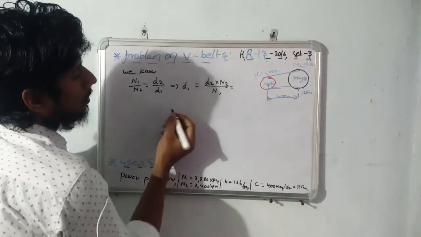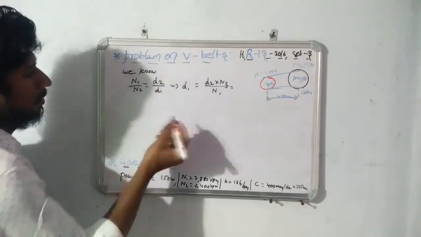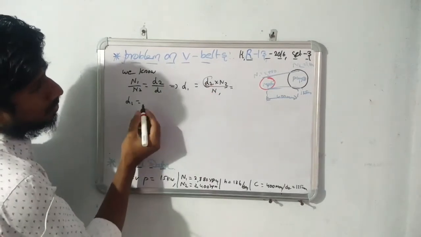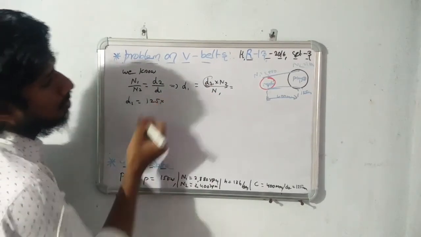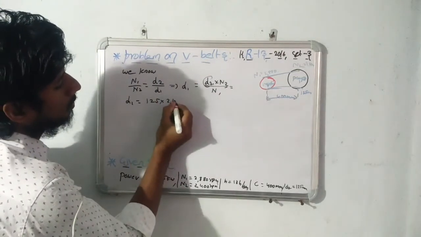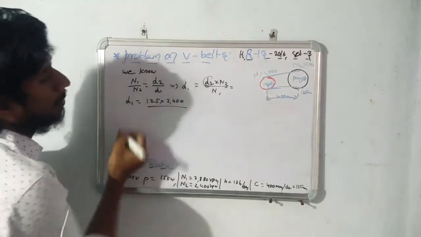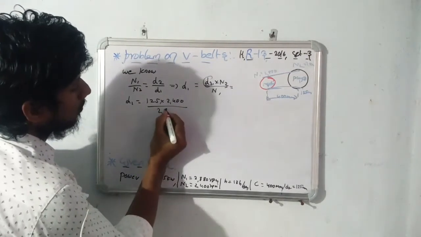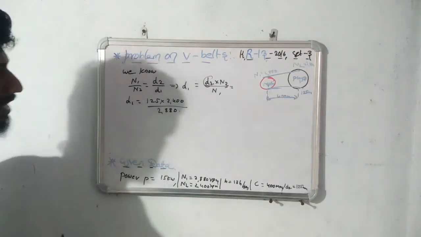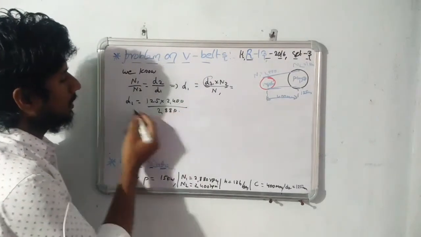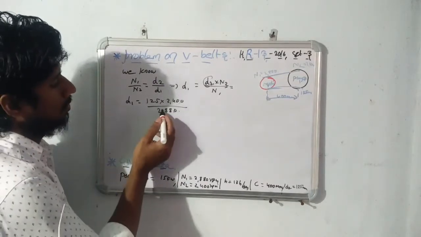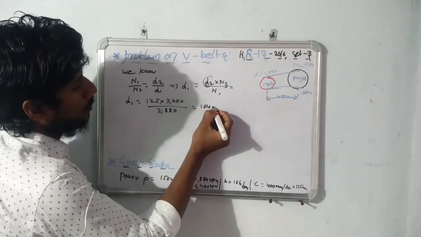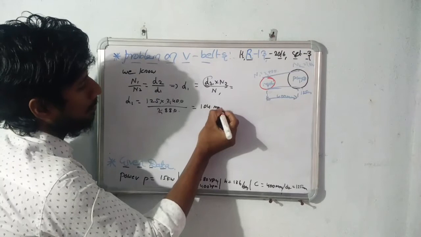By substituting these values, we get D1 equals D2, 125, into N2, 2400, whole divided by N1, 2880. By simplifying this, we get the diameter of the motor pulley, that is equal to 104 mm.